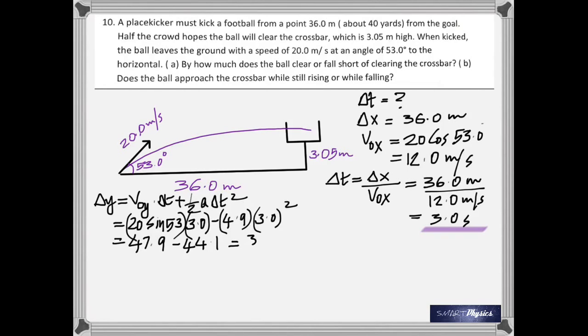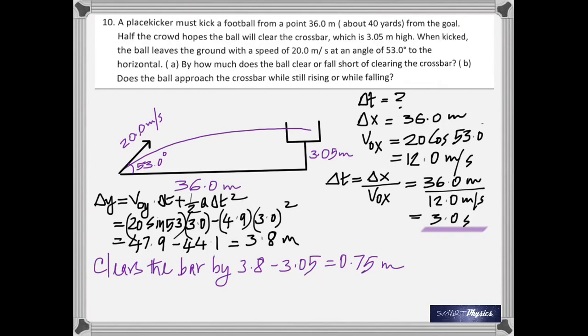Second is 44.1. The difference is 3.8 meter. So surely it clears the crossbar. By how much? By 3.8 minus 3.05 meter. By 0.75 meter.